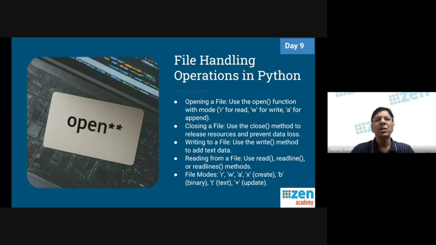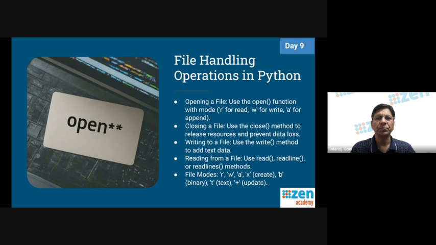Sometimes the files may be locked when they are being used by some other program, or your system may not even reboot sometimes because a file is in use, some file is still being edited. Okay, so what you should do is use the close method in order to release the resources and prevent data loss. So if you are opening any file, you must always close it after you are done with the processing.